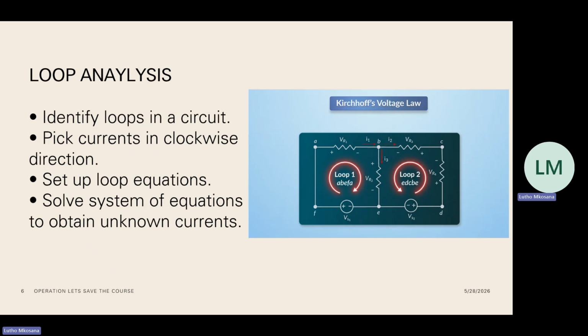Just like in this example, loop 1 is in our clockwise direction. What's interesting is that we are given our current directions. I1 is flowing that way, I3 is flowing that way, and I2 is flowing that way. If you remember Kirchhoff's current law, no current accumulates at any node.